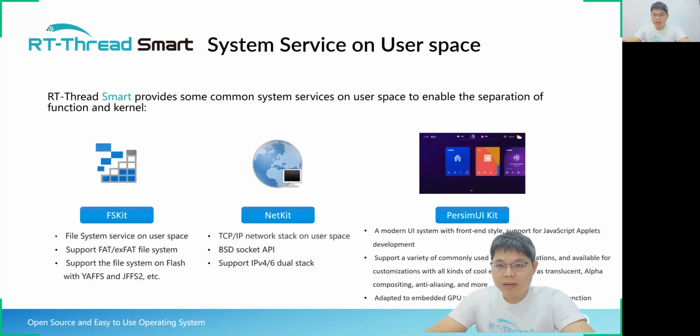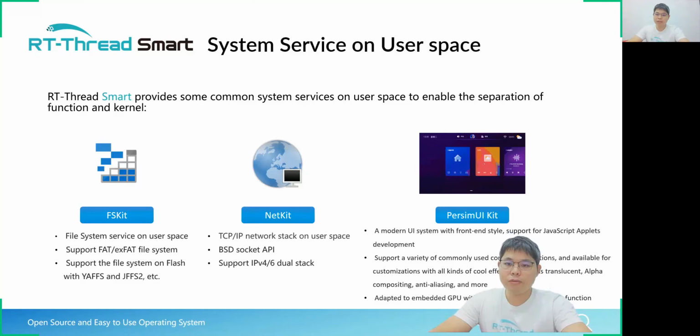RT-Thread Smart can provide a variety of system services in the user mode. For example, for the file system, the user mode can use the FAT file system, the YAFFS file system, and so on. For the network protocol stack, the user mode can use lwIP, which provides a complete BSD socket API and supports TCP/IP version 4 and version 6 dual stack.